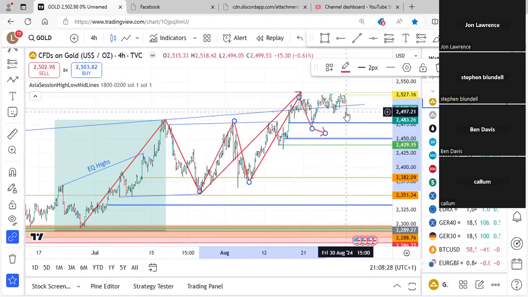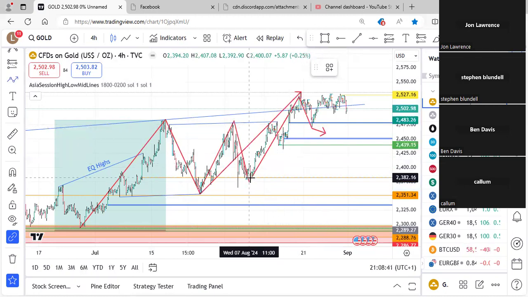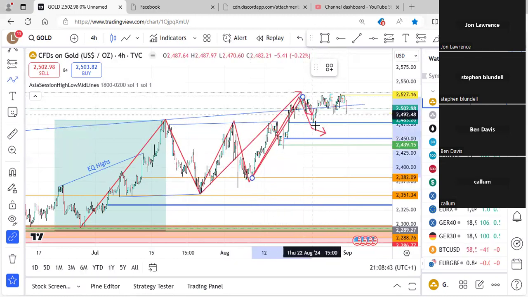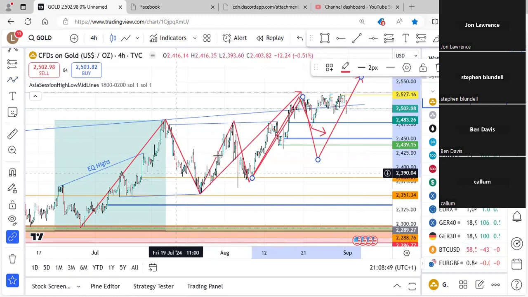But if we're going bearish, I definitely want to see it, like you say, break below this green line as a minimum. But it could still effectively continue like that, because this is this bigger.